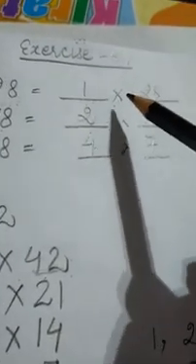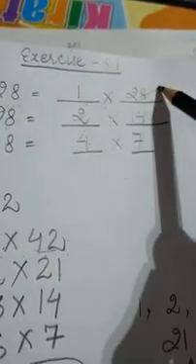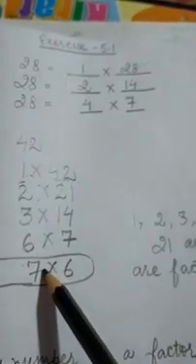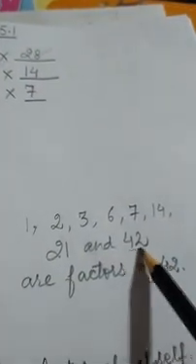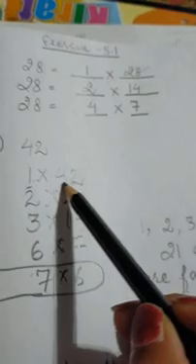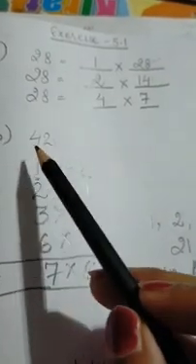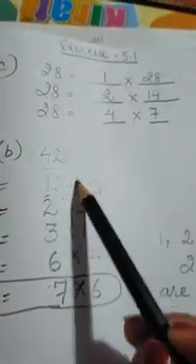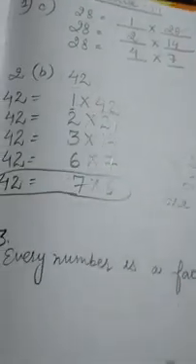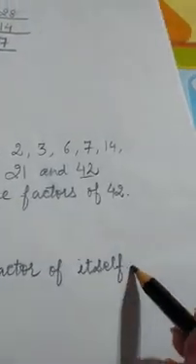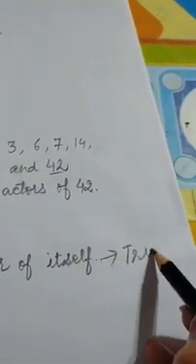When we wrote all the factors of 28, we also wrote 28, and when we wrote factors of 42, we also wrote 42. So every number is a factor of itself. Every number's factor includes the number itself. So this statement is true.